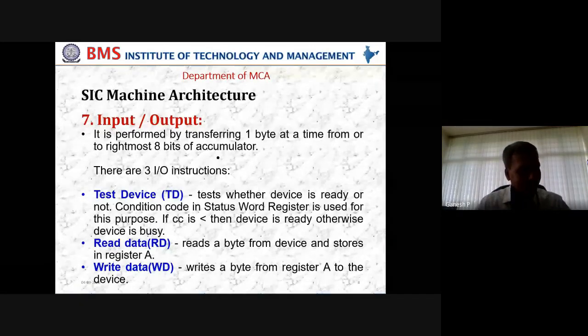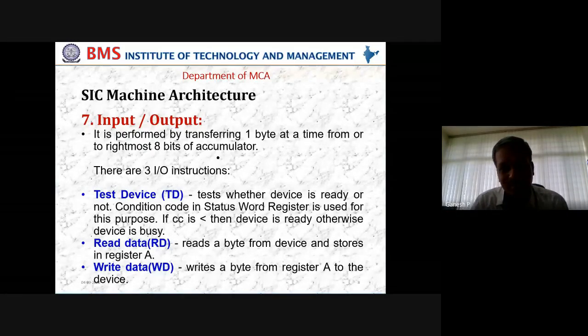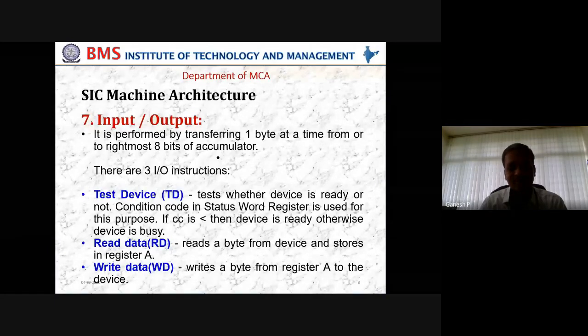So, may I have any clarifications required in this part? Because if you understand SIC, SIC/XE is easy to understand. Otherwise, it is difficult to understand. That is the reason why let us spend some more time if you are still finding any issue here. Can any one of you let me know whether you have any doubt or need some clarification till now? Maybe memory, registers, addressing modes, data formats, instruction formats, instruction set, and input output.